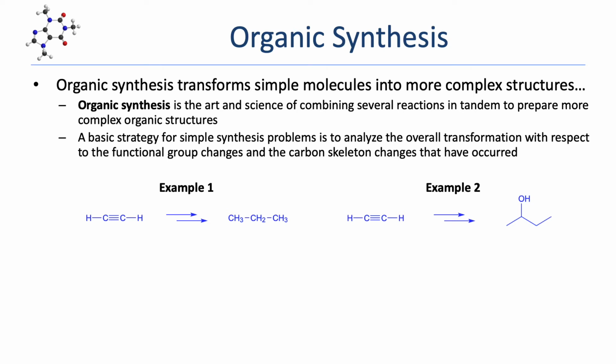The order of those reactions is critical. If the hydrogenation were performed first, the result would be the formation of ethane, an alkane, and we'd still need to incorporate an additional carbon onto that chain. Alkanes are rather unreactive, and as of right now, we don't know any carbon-carbon bond-forming reactions of alkanes. But we do know a carbon-carbon bond-forming reaction of an alkyne, and that's the functionality we start with.